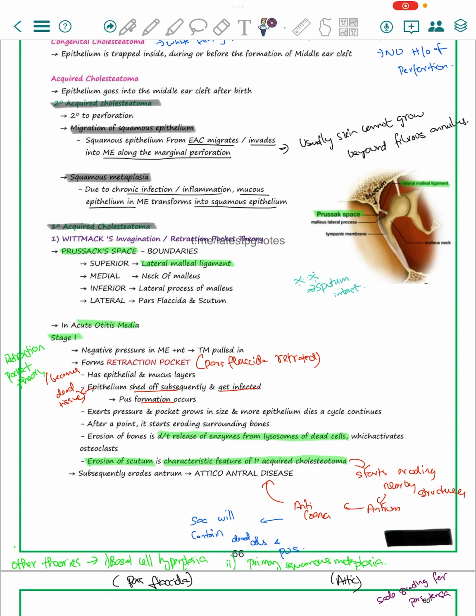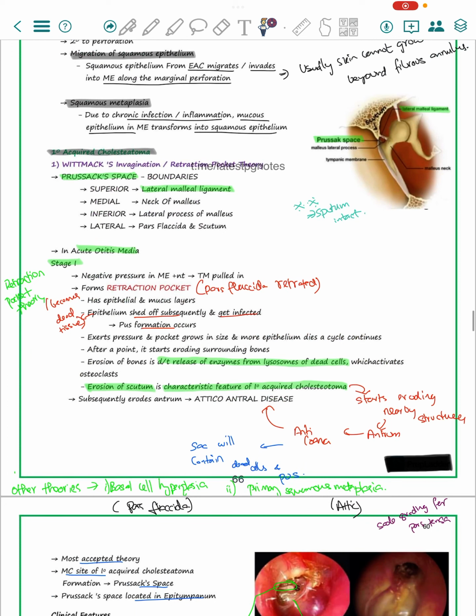This epithelium sheds off and gets infected, so this forms a cholesteatoma. The squamous epithelium releases enzymes from lysosomes of dead cells, which activate osteoclasts, causing erosion of the scutum, which is a characteristic feature of primary acquired cholesteatoma.